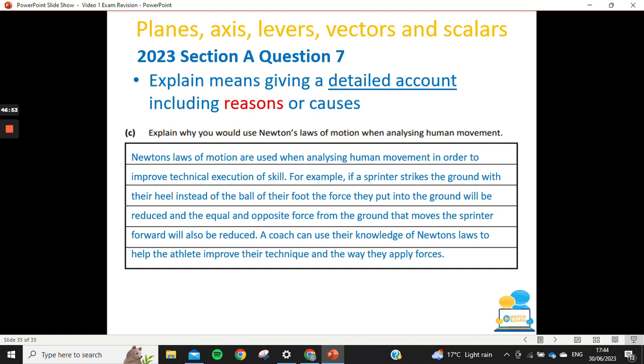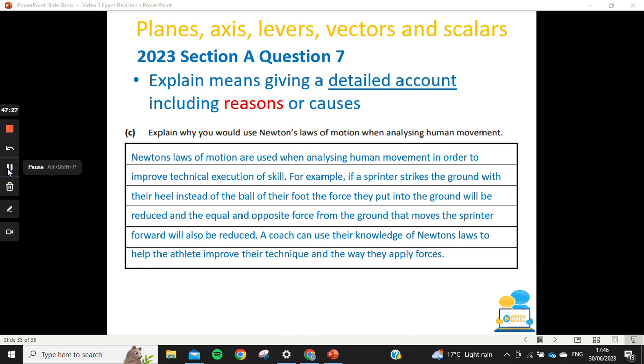So if we're looking up here at the example provided, we have an example of Newton's second law and Newton's third law. So we know that forces and the direction that these forces are applied in are very important, as this will dictate how an object or a person accelerates.